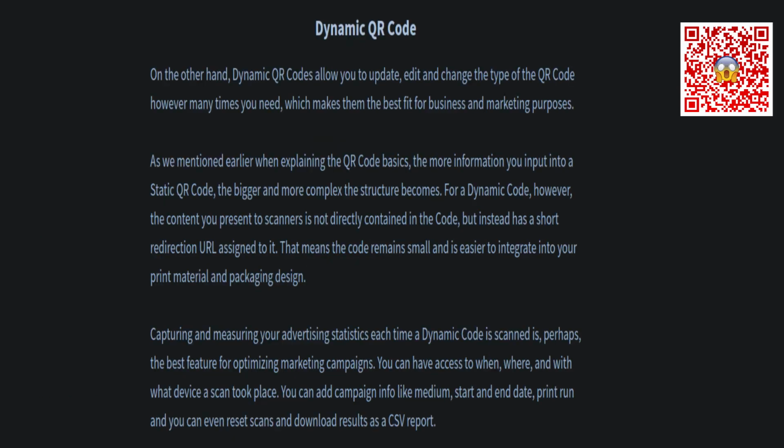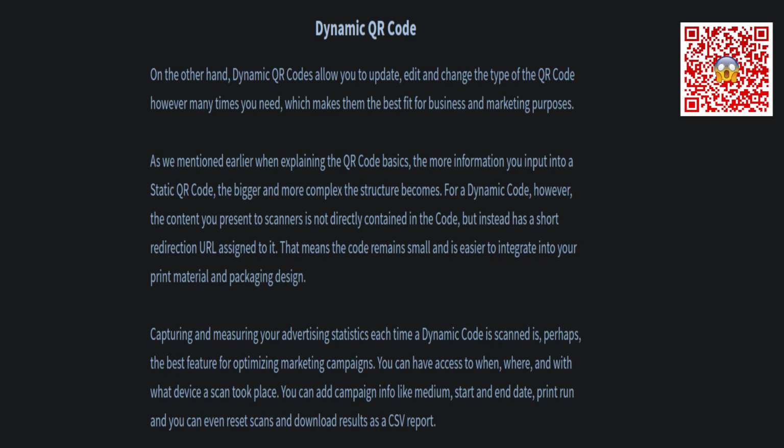Dynamic QR code. On the other hand, dynamic QR codes allow you to update, edit and change the type of the QR code however many times you need, which makes them the best fit for business and marketing purposes. As we mentioned earlier, when explaining the QR code basics, the more information you input into a static QR code, the bigger and more complex the structure becomes.